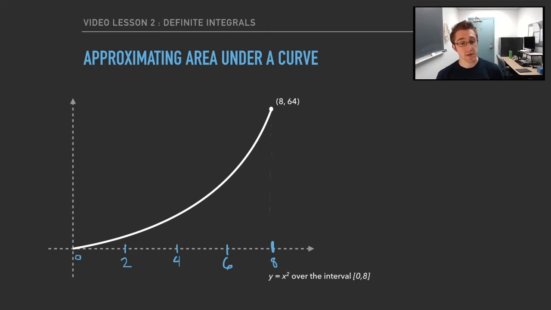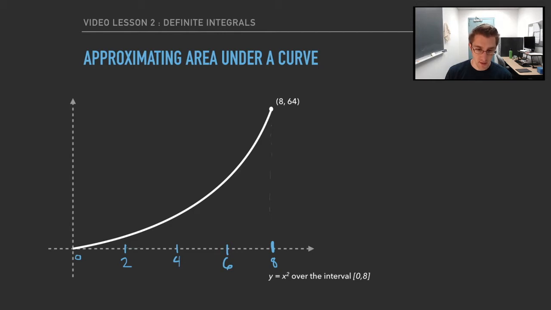Then I'm going to draw rectangles whose bases are each of these subintervals. The height of the rectangle will be given by the function at the right side of the interval.